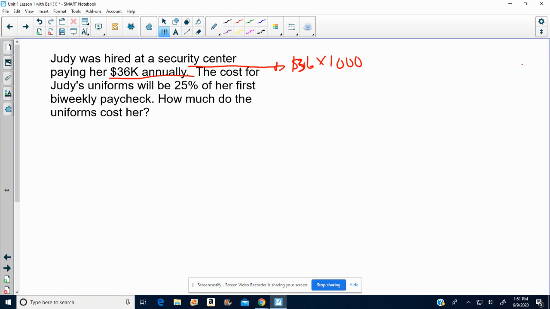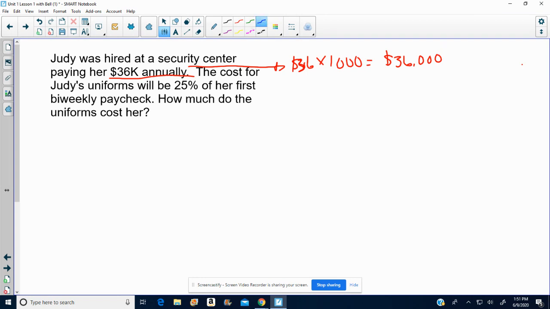So anytime you see the K, you're going to multiply by 1,000. So this means that Judy's security job is going to earn her $36,000 annually. That's pretty easy, pretty basic.